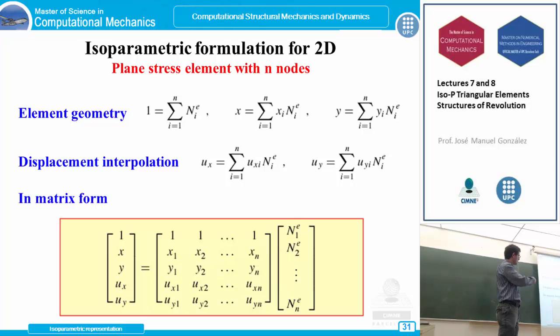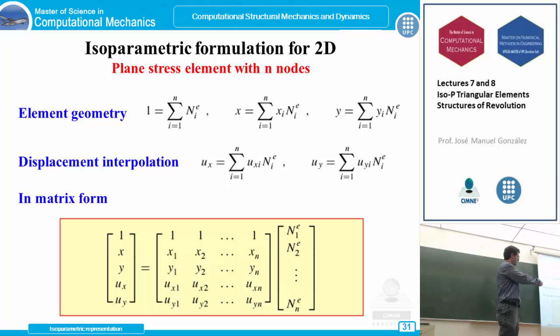That was the plane stress element. So we are talking about the 2D representation, and the displacement interpolation again is based on the interpolation of the continuum function using these nodal values ux and uy and these shape functions to define this overall displacement function over the element.